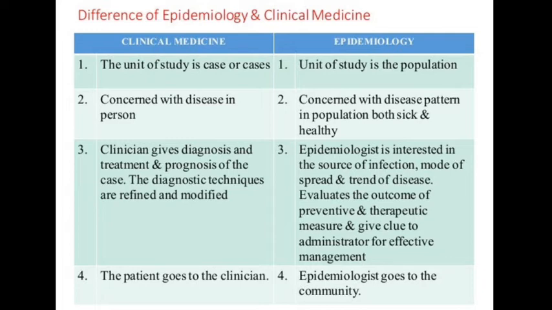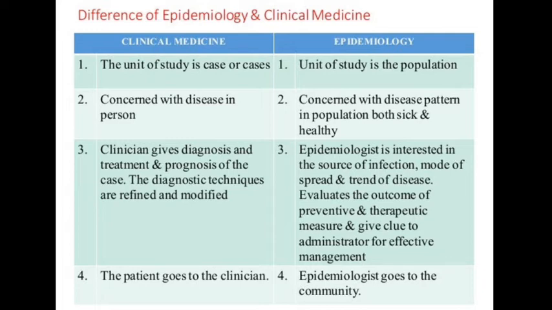The third one is, clinical medicine gives diagnosis and treatment and prognosis of the case. The diagnostic techniques are refined and modified, whereas the epidemiologist is interested in the source of infection, mode of spread, and trend of disease.